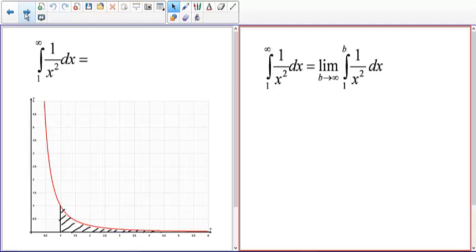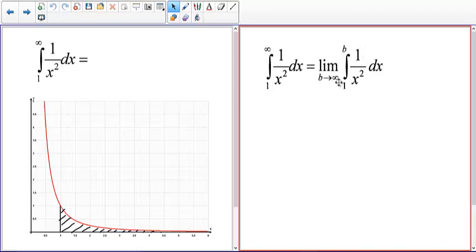And the reason is because the definite integral, if you use a number b instead of infinity, so b is a finite number, then you should have a finite area under here. But when you take the limit as b goes to infinity, what you're doing is you're applying the limit to an algebraic expression, not to the integral.